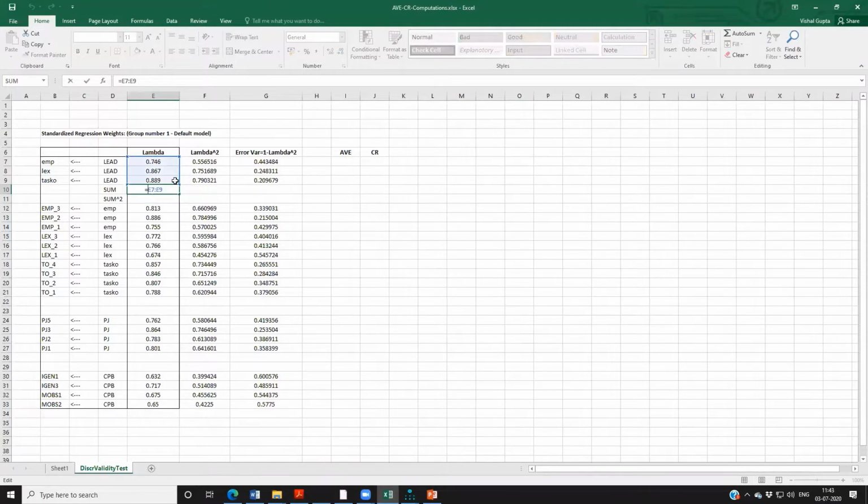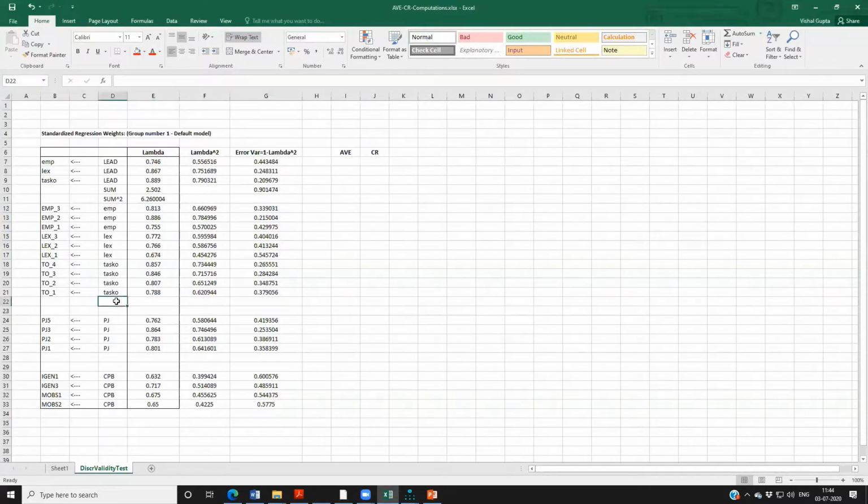And for the formula sum, and similarly sum of the error variance is this. Okay, and square of this sum is this.